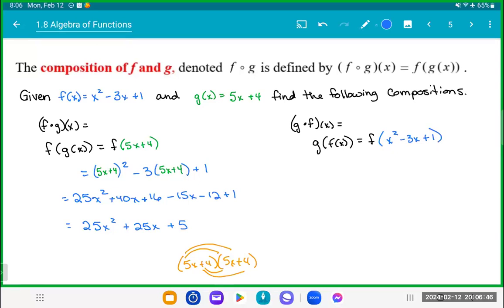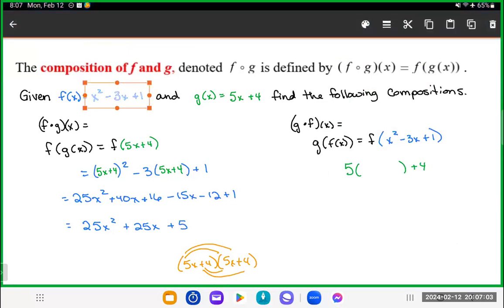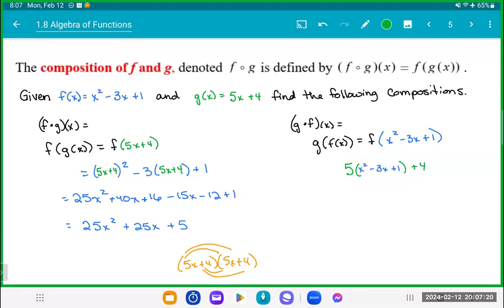And so in this case, when we see our g function, which is 5x plus 4, everywhere we see x, we're going to plug that into here.